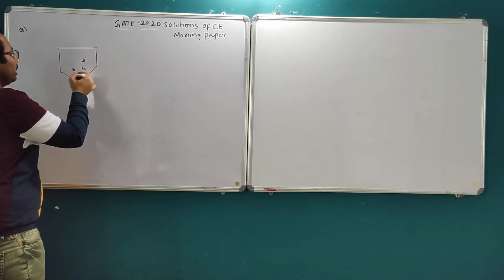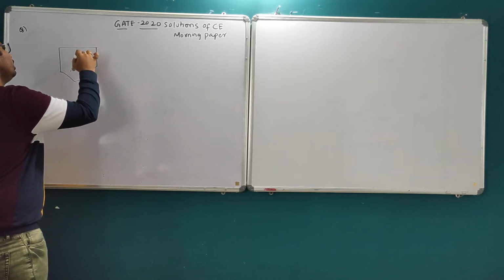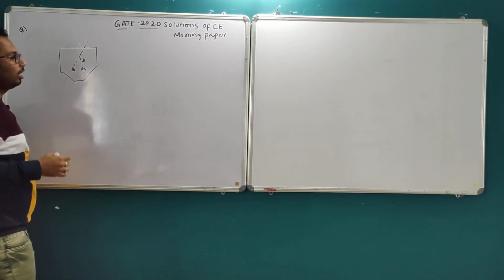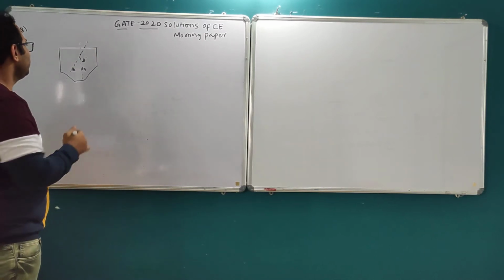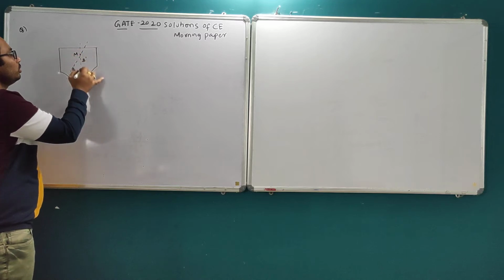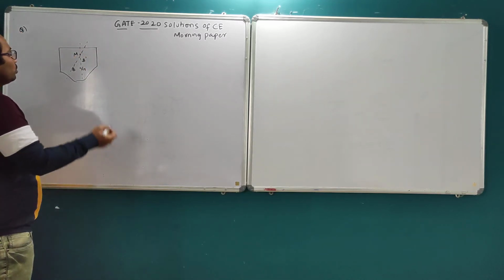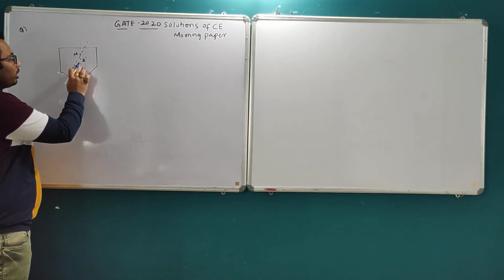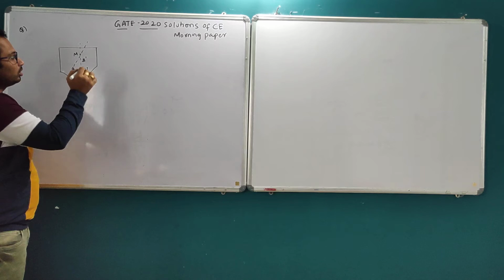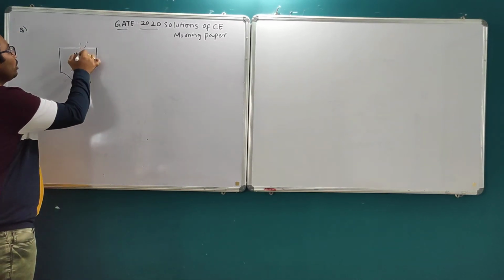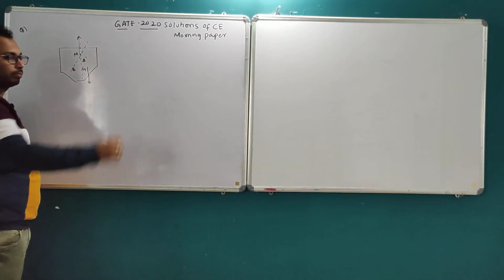Now metacenter is defined as the point of intersection of all the buoyancy lines. So this is metacenter, and this is the center of gravity. The force of gravity always acts downwards, and buoyancy always acts upwards.